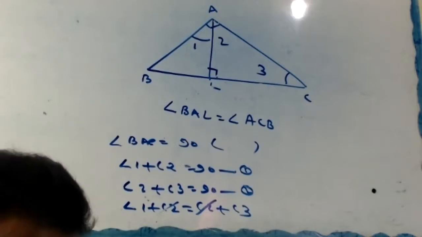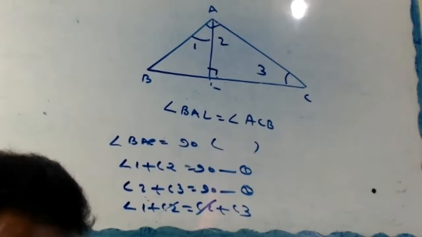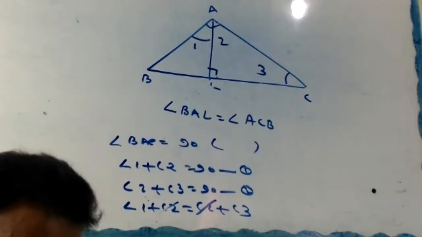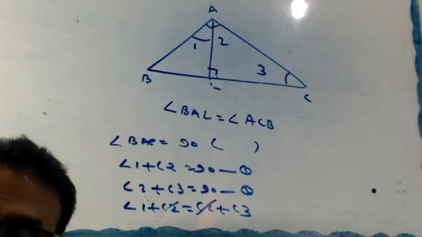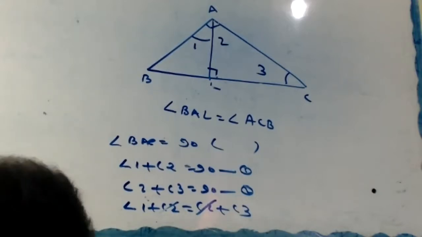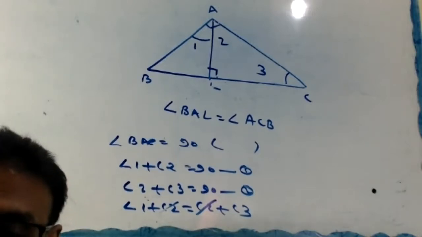How do you know it is 90 by 2? It's not a bisector, Vidya. Who said AL is a bisector? Don't take unnecessary data. He has not given that AL is a bisector.